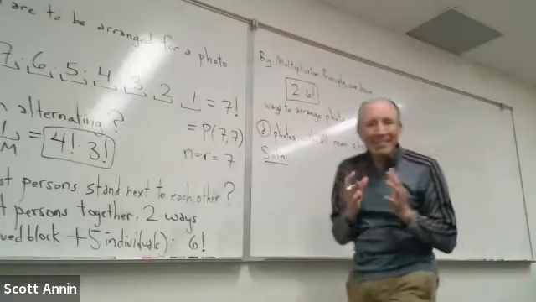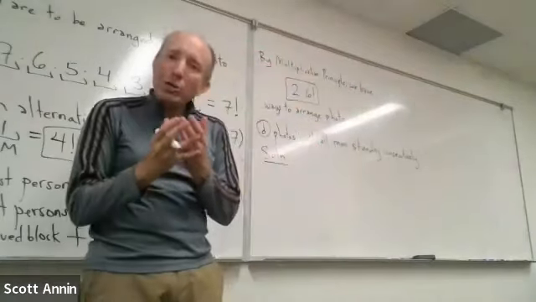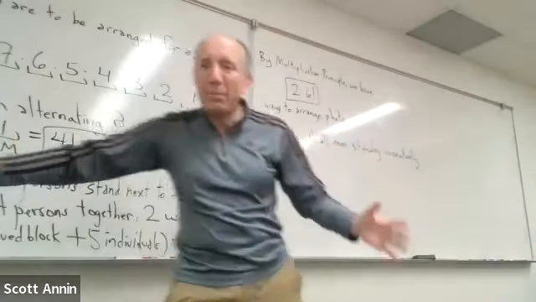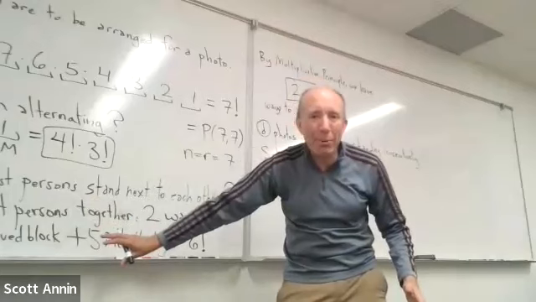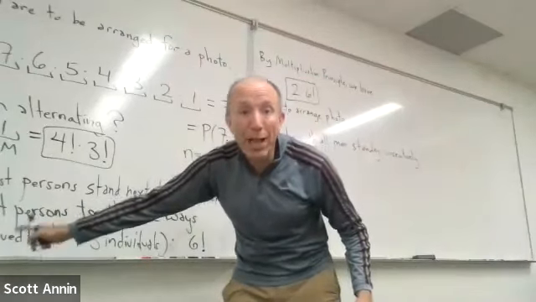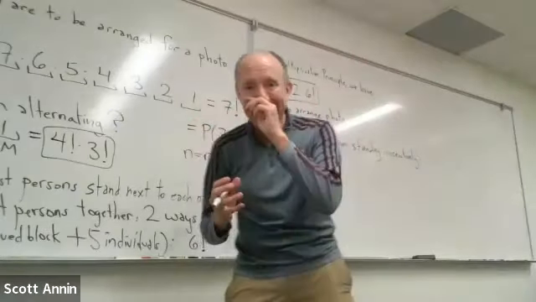If I do that, the question becomes, well, how many objects am I actually arranging? In the same spirit as the previous example, I have the 3 individual women plus 1 block. And this time the block is all 4 men, right?